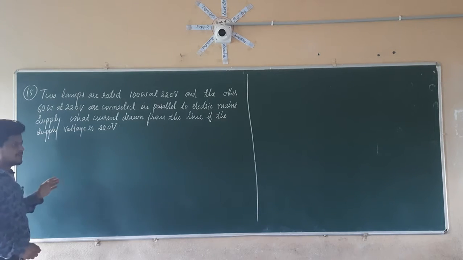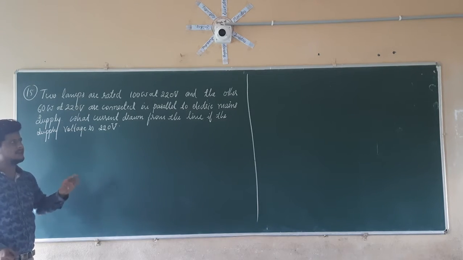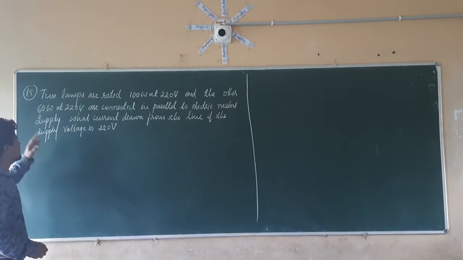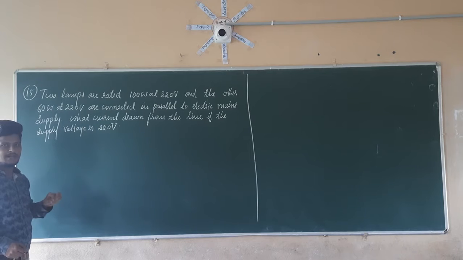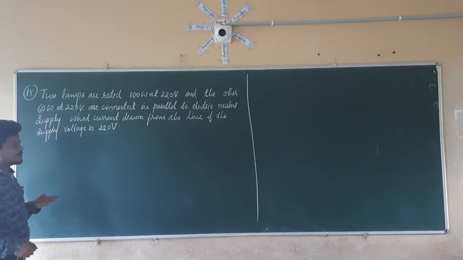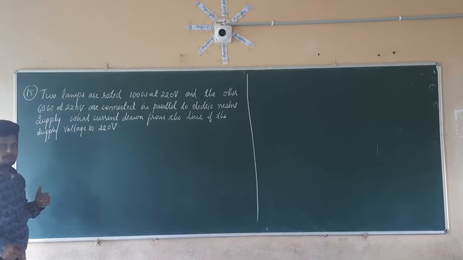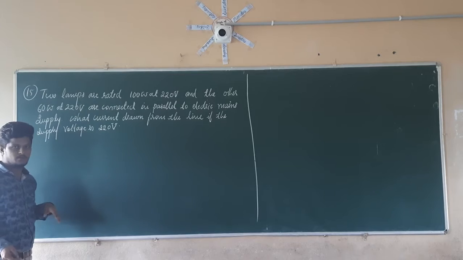So in the problem statement they have given two lamps, one rated 100 watt and 220 volt and the other rated 60 watt and 220 volt, connected in parallel. We have to calculate the total current flowing through those lamps if the supply voltage is equal to 220 volts.